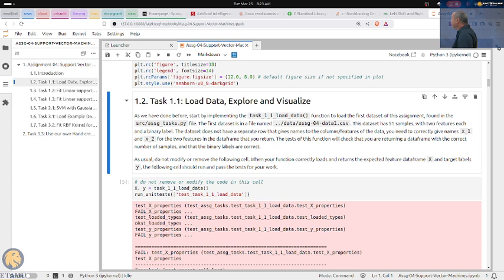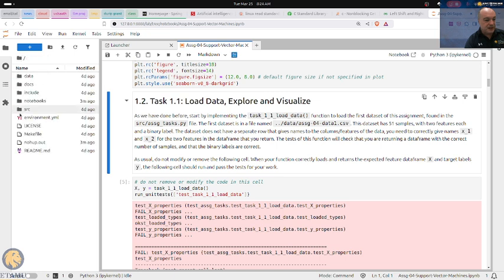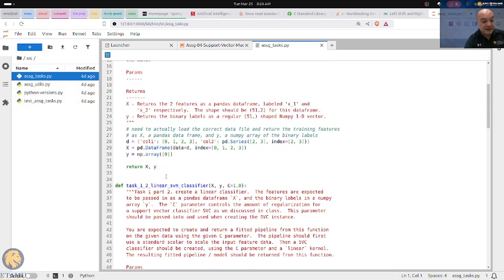We have the usual structure or workflow for this assignment. There are methods inside of the source assignment tasks that you have to complete, basically.